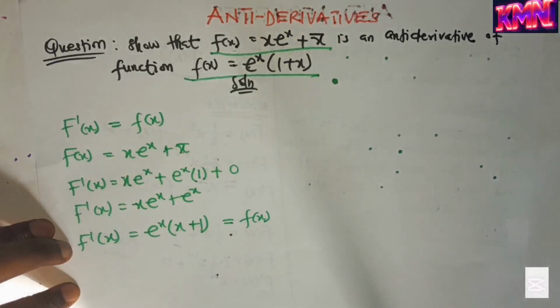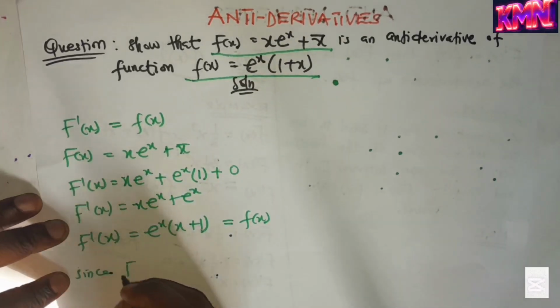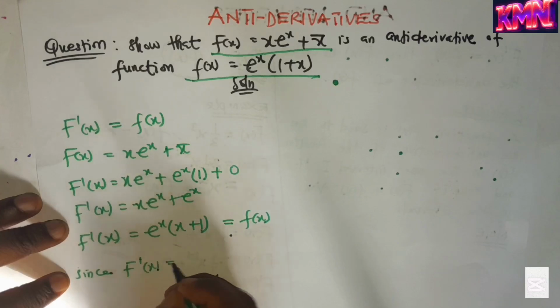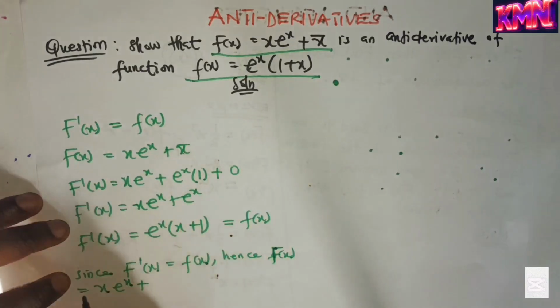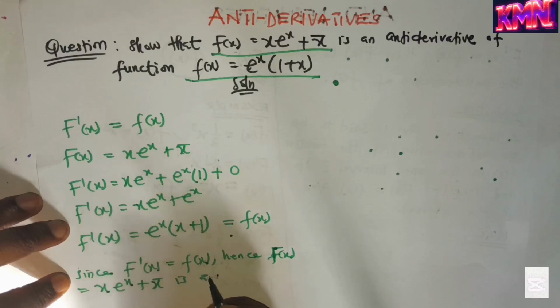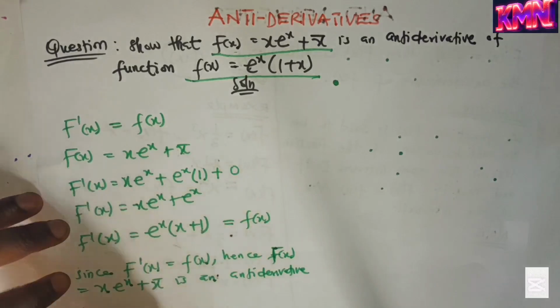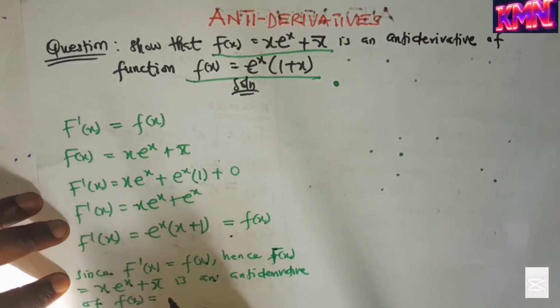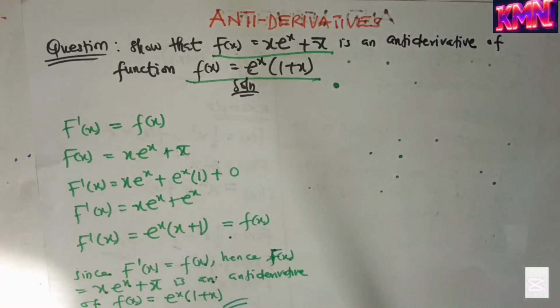So now we can conclude that since the big F prime at x is equal to f at x, hence big F at x equals x e power x plus pi is an antiderivative of small f at x equals e power x times 1 plus x. So this is how you show that a particular function is the antiderivative of another function.